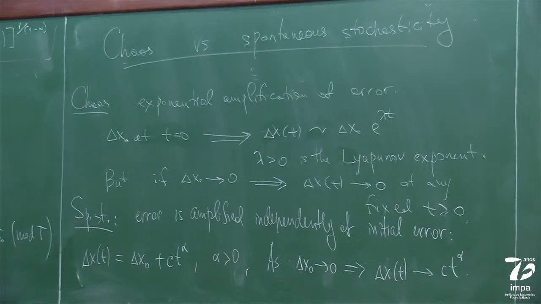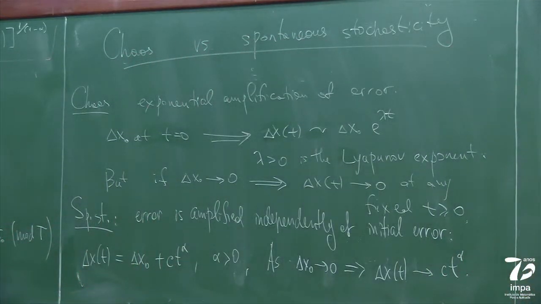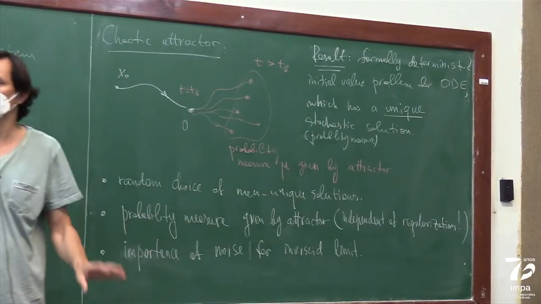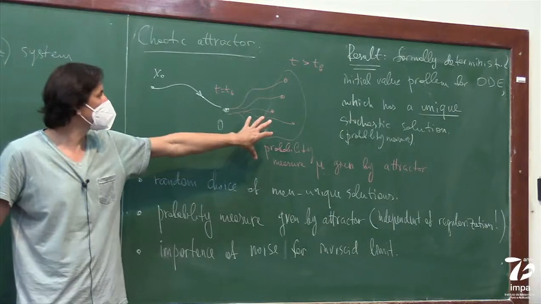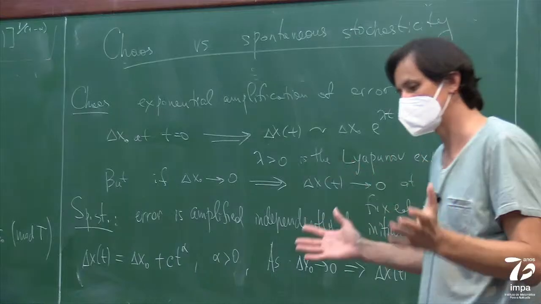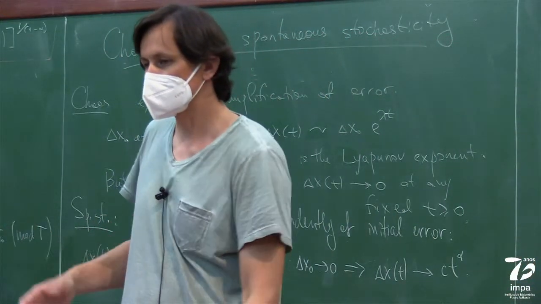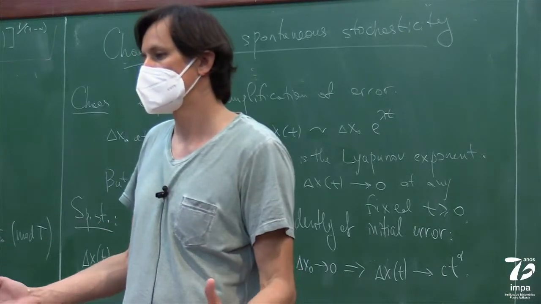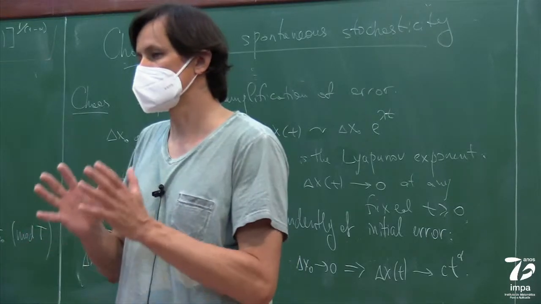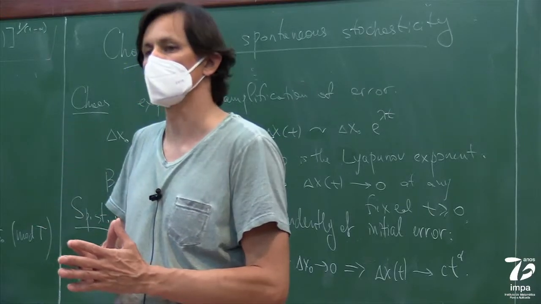Here I told you that in an ordinary differential equation, if we have an attractor, then we have spontaneous stochasticity, but I never showed you an example. And actually, giving an example and proving anything here is rather complex. But tomorrow I will show you an example with an infinite dimensional system, which in some sense qualitatively resembles the equations of fluid dynamics. We compute everything, and we directly see non-uniqueness and how spontaneous stochasticity evolves.